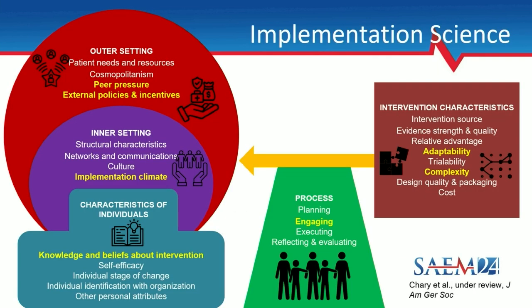So, like Dr. Sutherland mentioned, we're going to be taking some recommendations from our implementation group. We're drawing from QI and implementation science. So this is the consolidated framework for implementation research. And the goal of our presentation is to distill this complex infographic down into some key takeaways for you and your institutions.